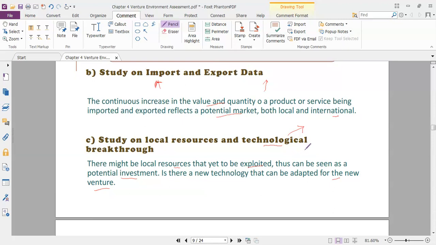The founder for a technological breakthrough market is, for example, Food Panda and also GrabFood. Before that, we have Grab Car. Grab Car is the founder for the technological breakthrough because we can find our own transportation.